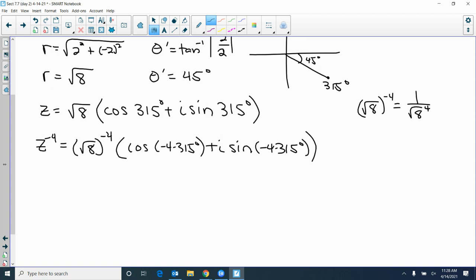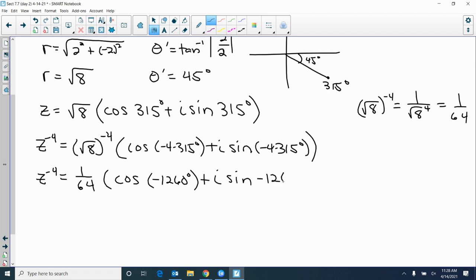So really, radical 8 to the negative 4th is 1 over 64. So we got that. Cosine, all right, negative 4 times 315, is that negative 1260? So negative 1260 plus i sine of negative 1260.